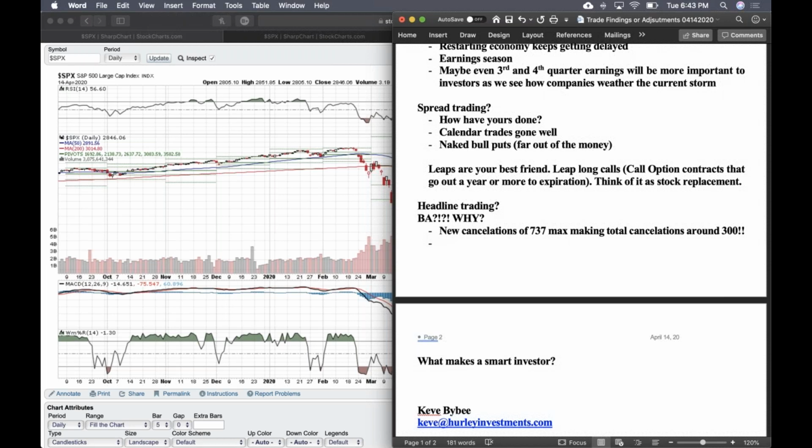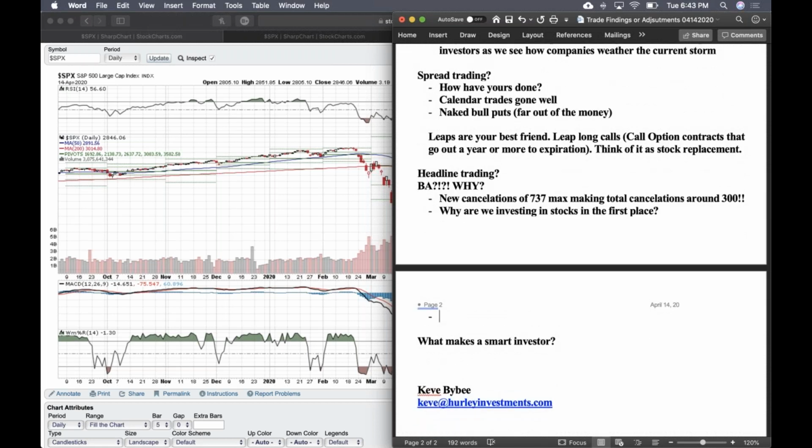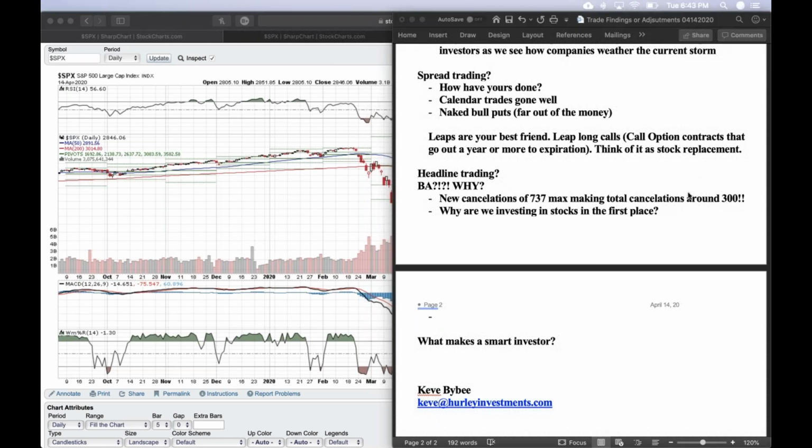And it goes back to, why are we investing in stocks in the first place? What's the point?